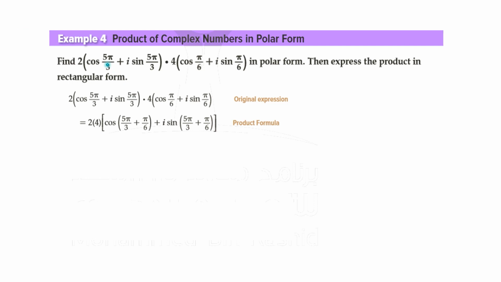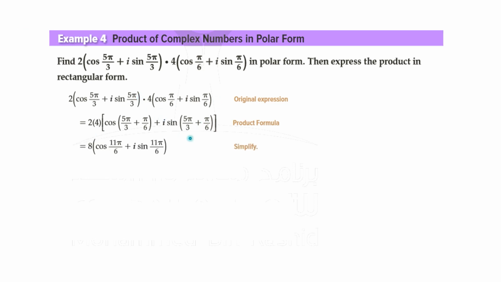Remember, to multiply two complex numbers in polar form, we multiply the moduli and add the arguments. So here we do 2 times 4 and add the arguments: cos of (5 pi by 3 plus pi by 6) plus i sin of (5 pi by 3 plus pi by 6).